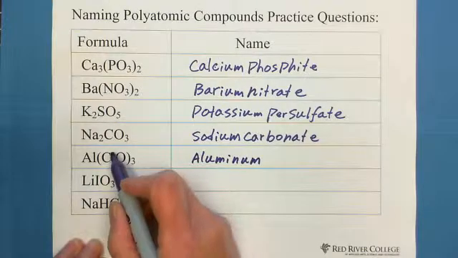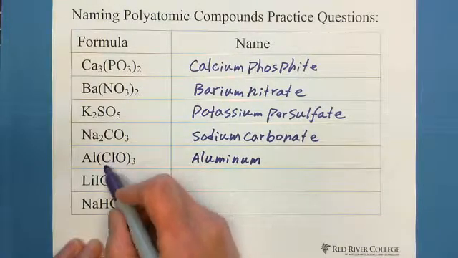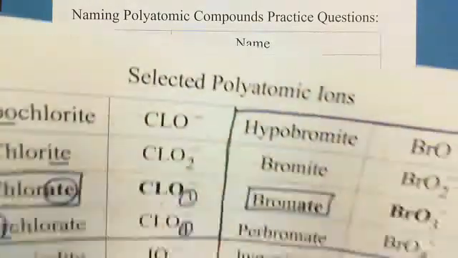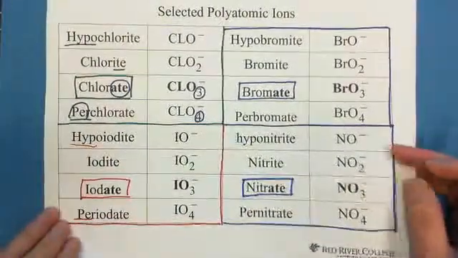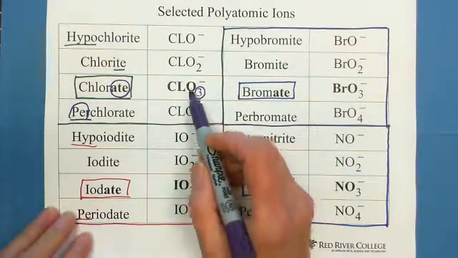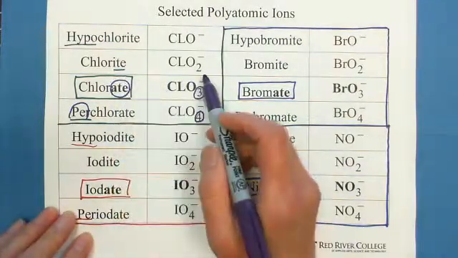And the ClO is related to chlorate, because as we know, chlorate is ClO3. We can look at it again. Chlorate is ClO3. One less is chlorite.